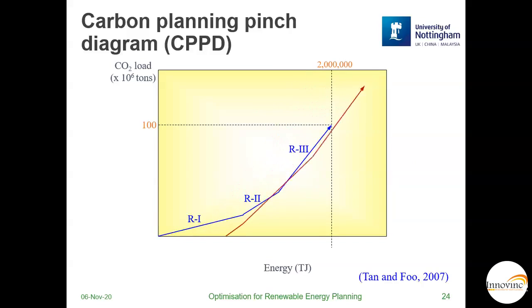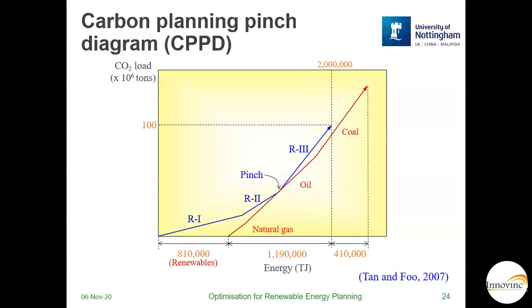By pushing this line to the right-hand side, the opening gap on the left represents the amount of renewables we need to fulfill. In this case, it's 810 thousand terajoules of energy. In other words, the moment I blend in this amount of energy, I will be able to keep the CO2 emission below the limit, which is given by the blue line.